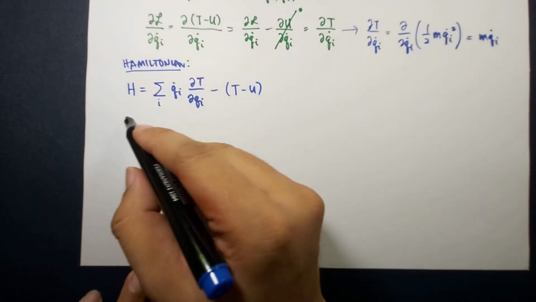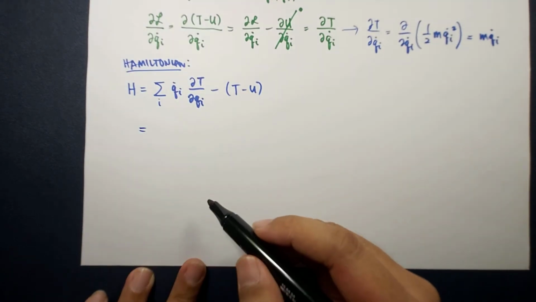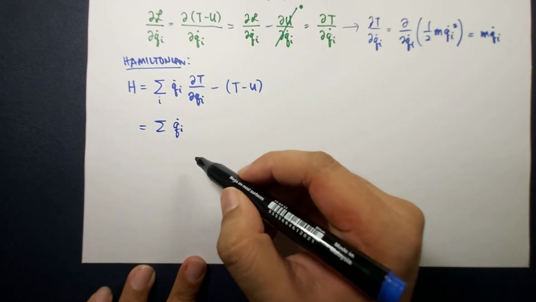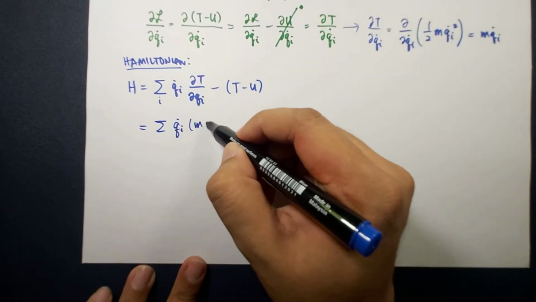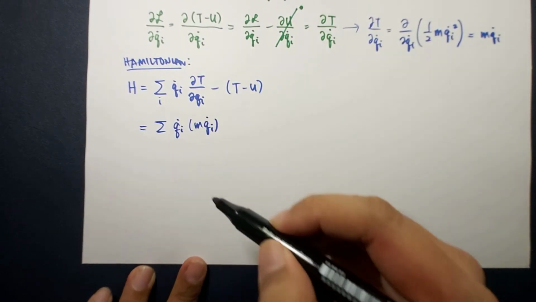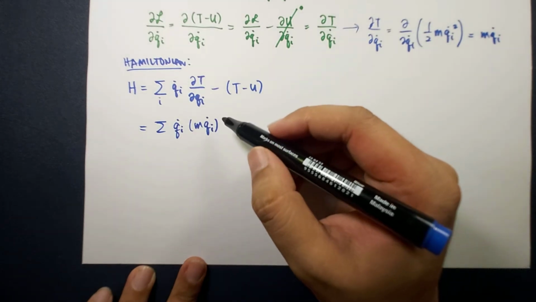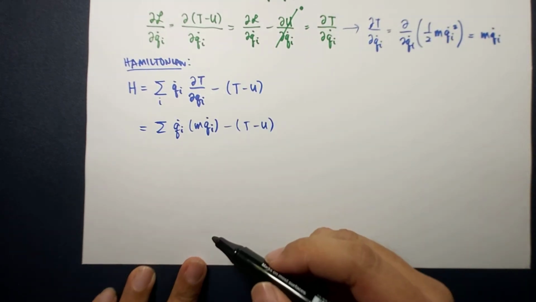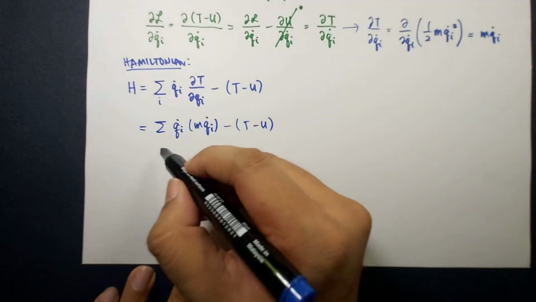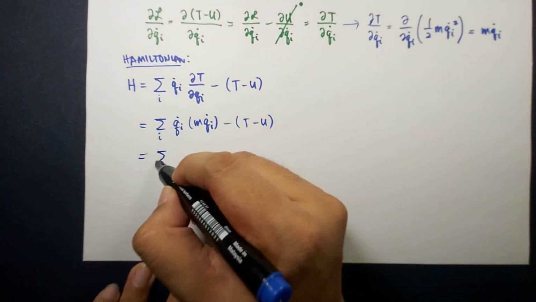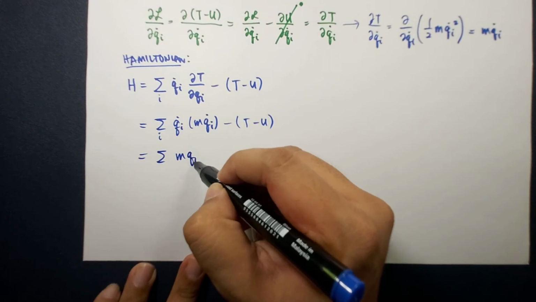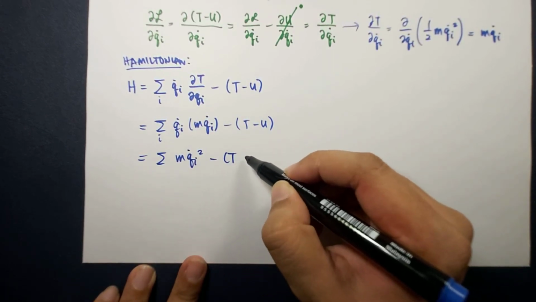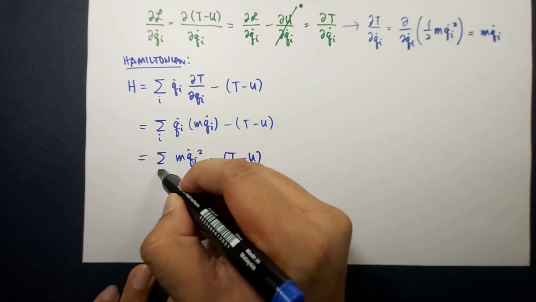Okay, so this tells us that this is equal to the sum of qi dot times m qi dot minus T minus U. Combining this, we have m qi dot squared minus T minus U over i.